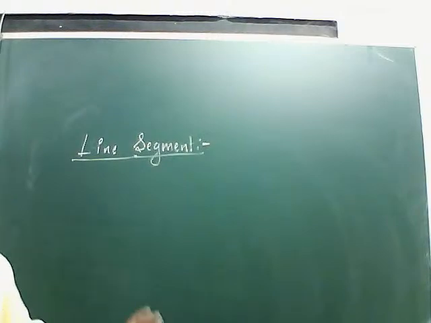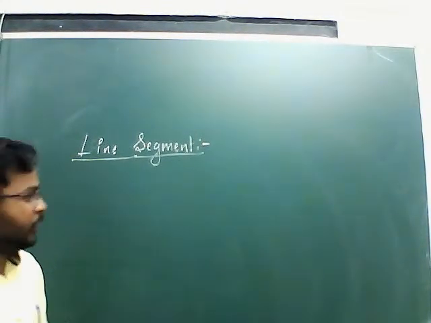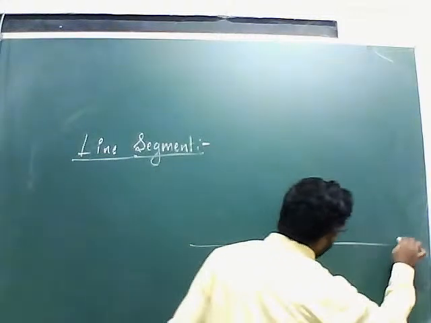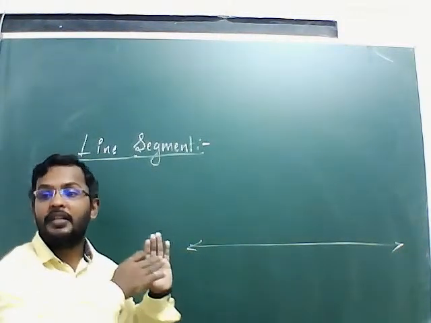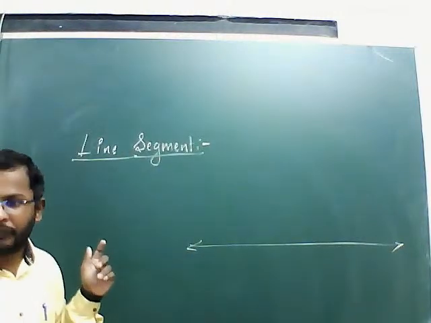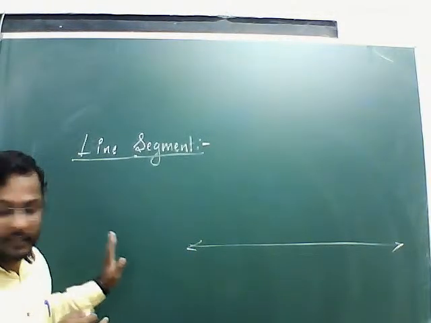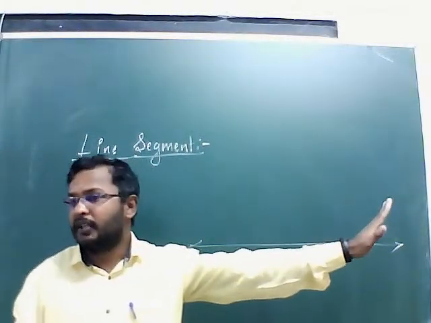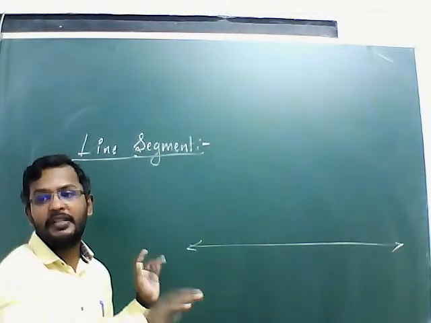So now, in the last topic we have learned about line. Okay. So line is what? It will be straight and extending on both the sides. It is very long in this direction, it goes forward on this side and also on that side. So it will not be stopping. So both the sides it will be extending.